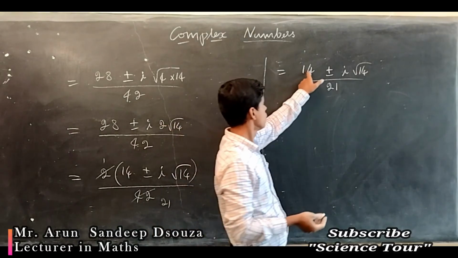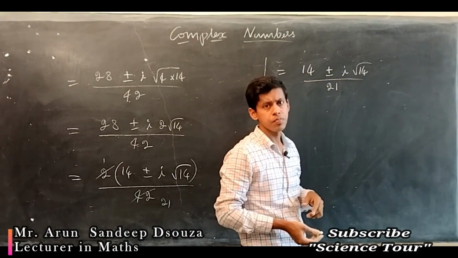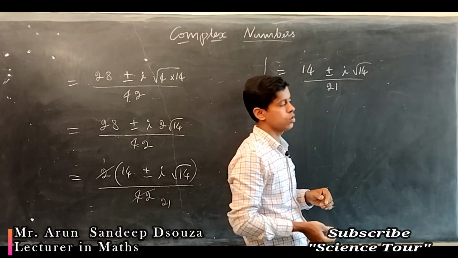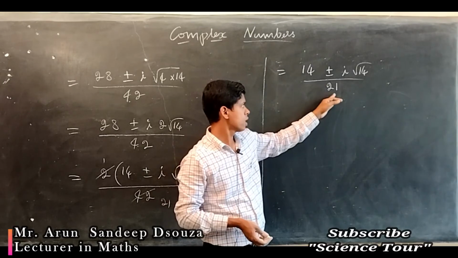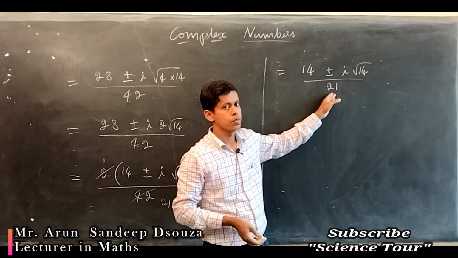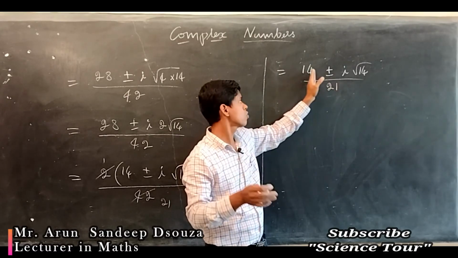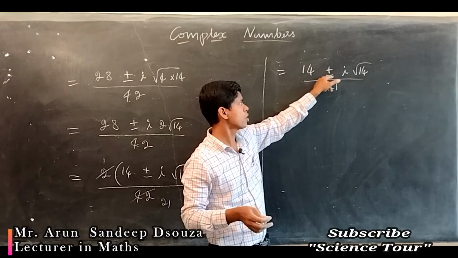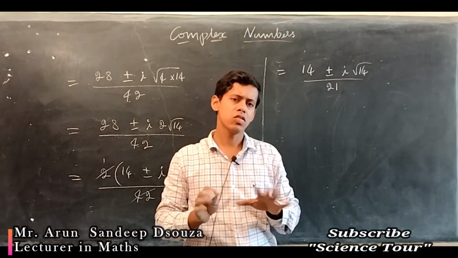Look at this. You can take root 14 common. But if you take root 14 common, can you cancel anything? No. But you can give a different look to this. This will be root 14 times (plus or minus i), divided by 21. Nothing cancels there, so let it be like that.